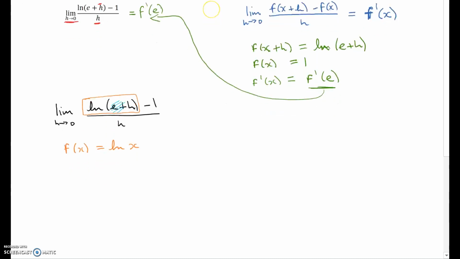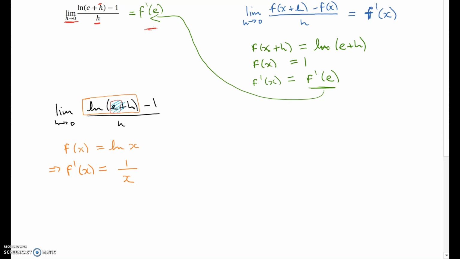So we differentiate that. That gives you f prime of x is equal to the derivative of log, which is 1 over x. And then the piece that we erased, this e in here that we erased, that's where we're evaluating the derivative. We'll check just to make sure that it's the same as we had previously up here.